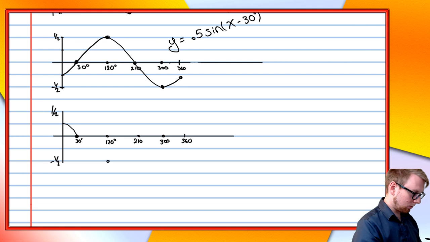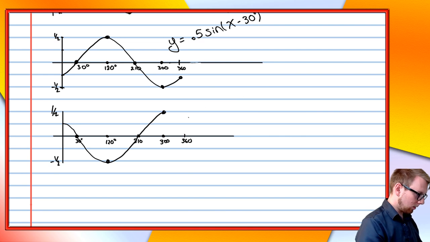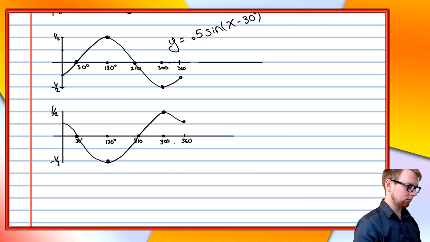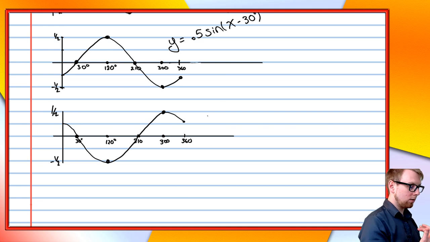And 120 becomes minus. 210 stays the same. And 300 back up to 1/2. And then somewhere over here. Do you see how the negative worked out?